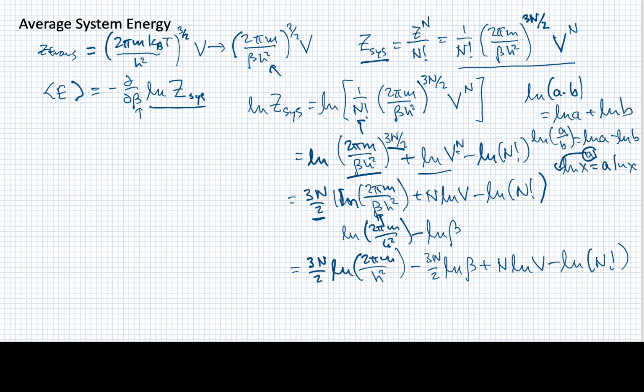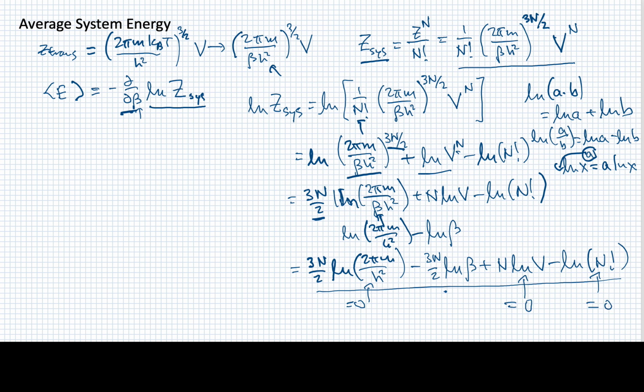Okay, so I've done a lot of work on this logarithm, and you may be wondering, why would I do that? Well, this is why I would do that. I'm taking a derivative up here with respect to beta. Now, when I look at all of these terms down here that come from that log of Z system, this has no dependence on beta, this has no dependence on beta, and this has no dependence on beta. So when I take the derivative with respect to beta of these terms, it's going to be 0.